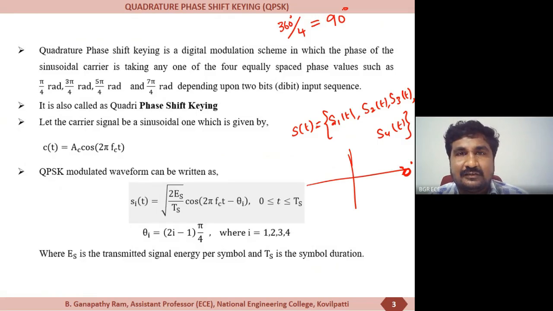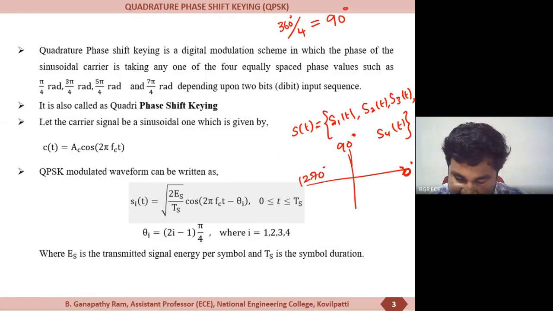So there are several different choices available. One of the choices is 0 degree, 90 degree, 180 degree, and 270 degree. This is a kind of choice we can make to give the phase angle variations for the corresponding symbols.